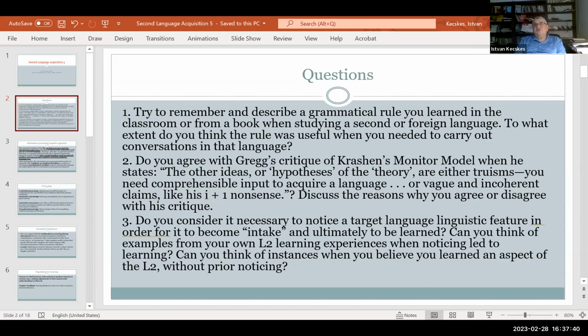So you mean that you had certain rules that you learned in your own country, and then you had the opportunity to actually use them in conversation, so activate them. Were you aware of the fact that, okay, I learned that rule and now I have the opportunity to use that? Yes, of course. Can you tell me an example? So how long have you been living here?